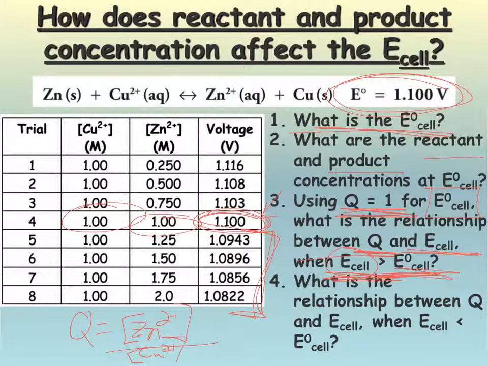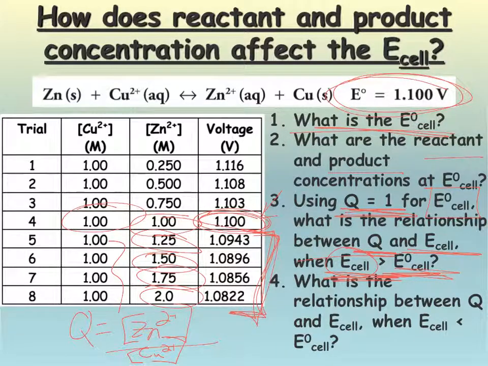So it's very simple in this one. Anytime your products are more concentrated than your reactants, your voltage is going to decrease. So if your Q is greater than 1, then your Ecell value is less than it was at standard.